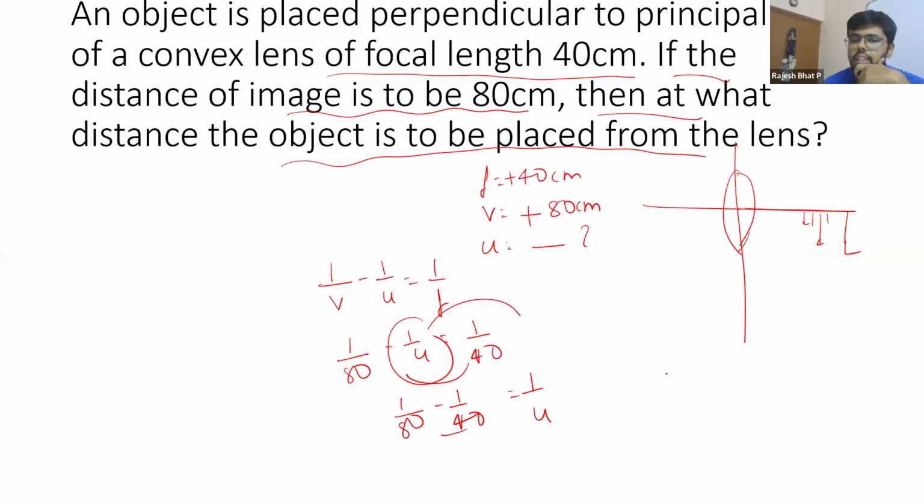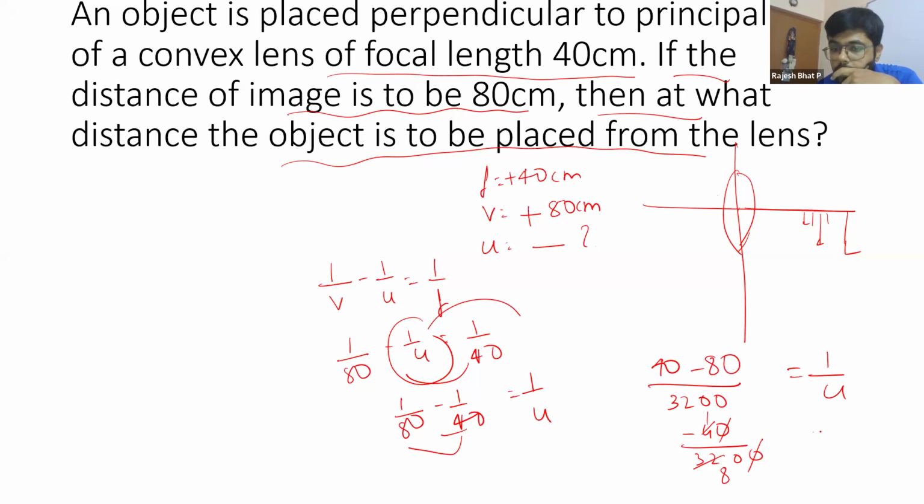Taking LCM, 40 minus 80 divided by 80 times 40, which is minus 40 divided by 3200, so you remain with minus 1 by 80. Therefore, reciprocating, u is equal to minus 80 centimeter.